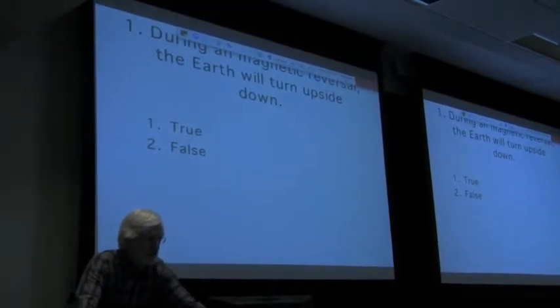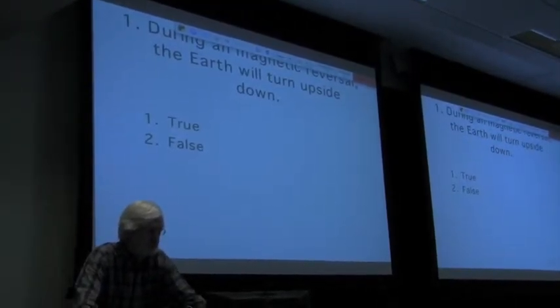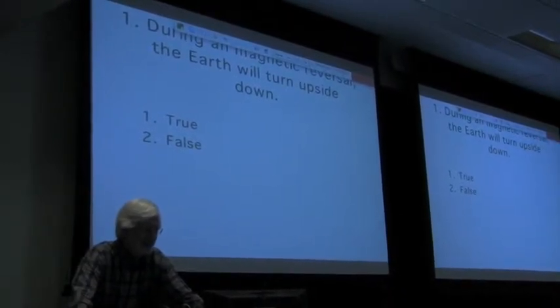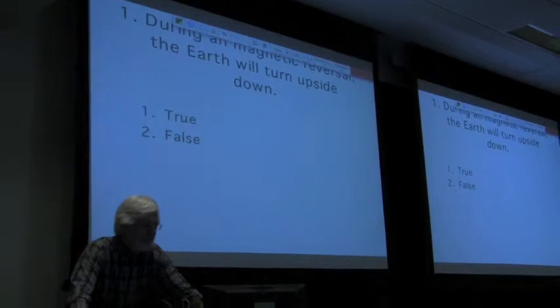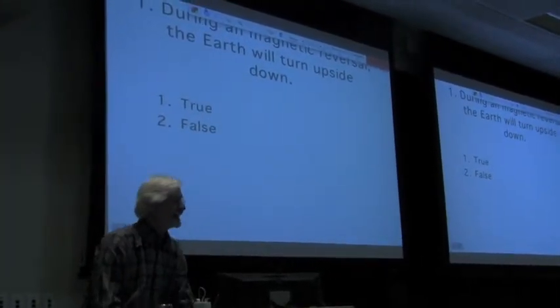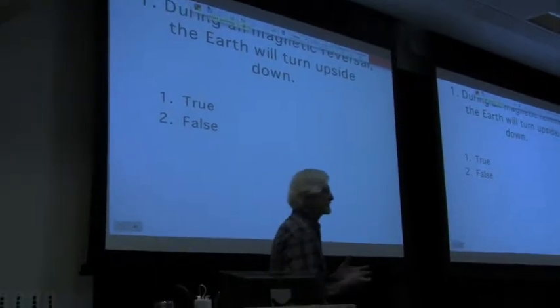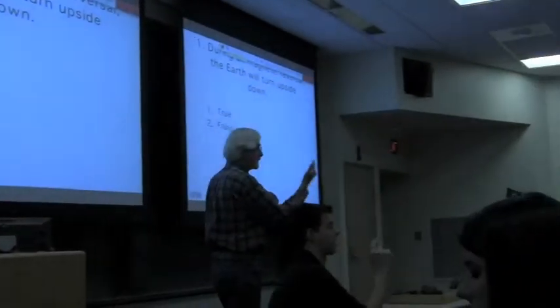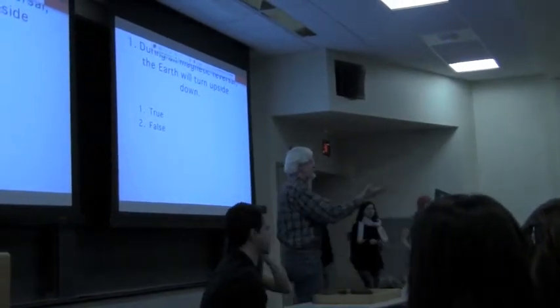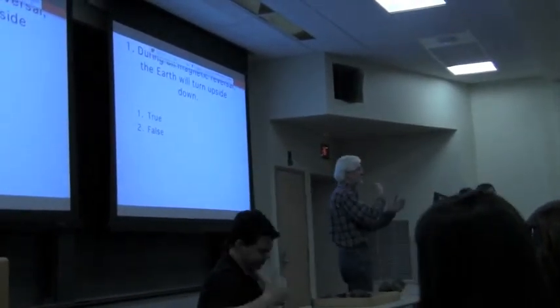During a magnetic reversal, the Earth will turn upside down. What do you think? Now, magnetic reversal, let me re-emphasize that. A magnetic reversal is when the poles flip. The poles do this every 200 or so thousand years, sometimes more rapidly.